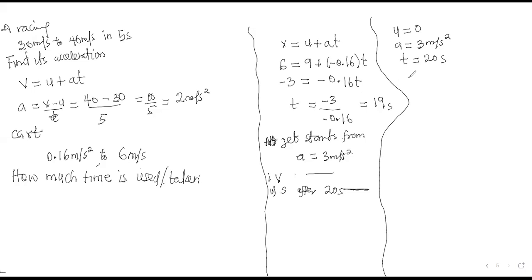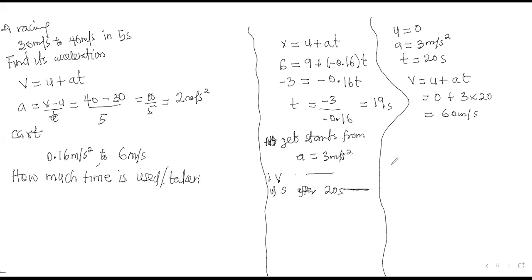Using v = u + at helps us find the final velocity, because u is 0, a is 3, and the time is 20. So we have 60 meters per second.